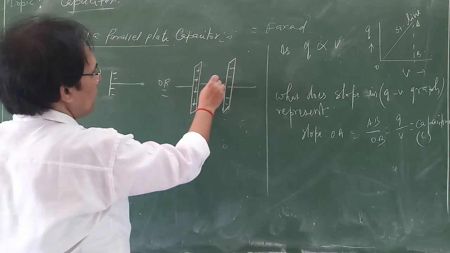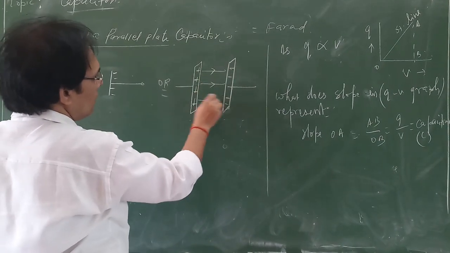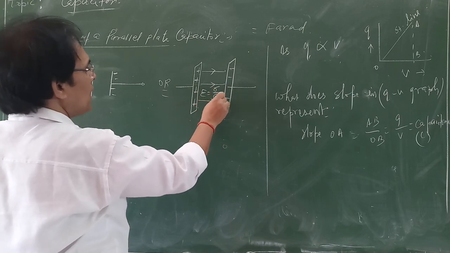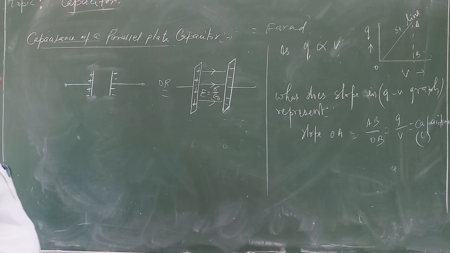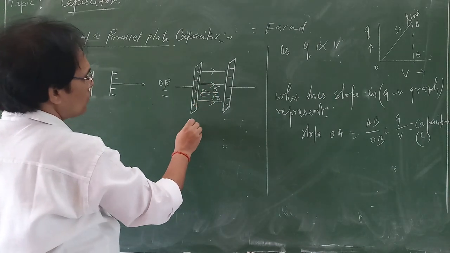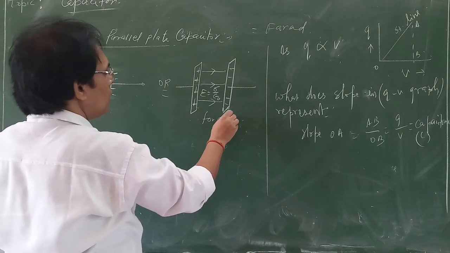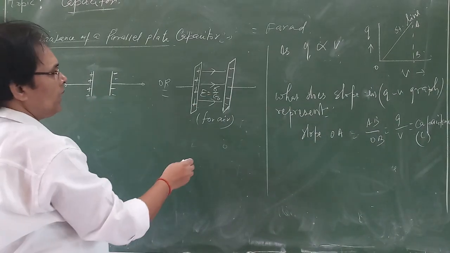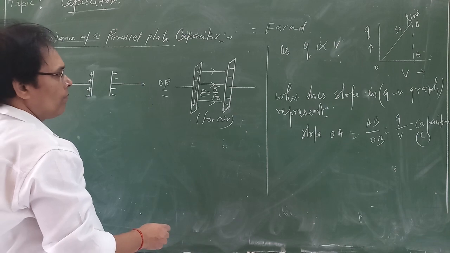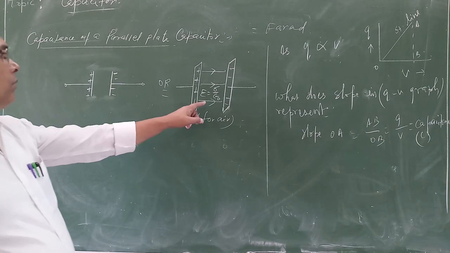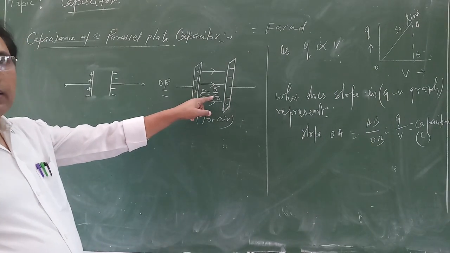The electric field between the two plates of the capacitor is E equal to sigma by epsilon naught. This is for air, and if any other medium is introduced, then that electric field becomes 1 by k times.